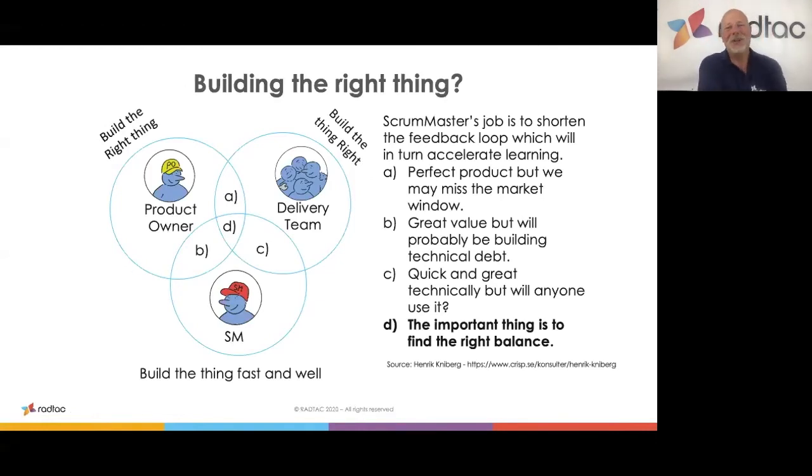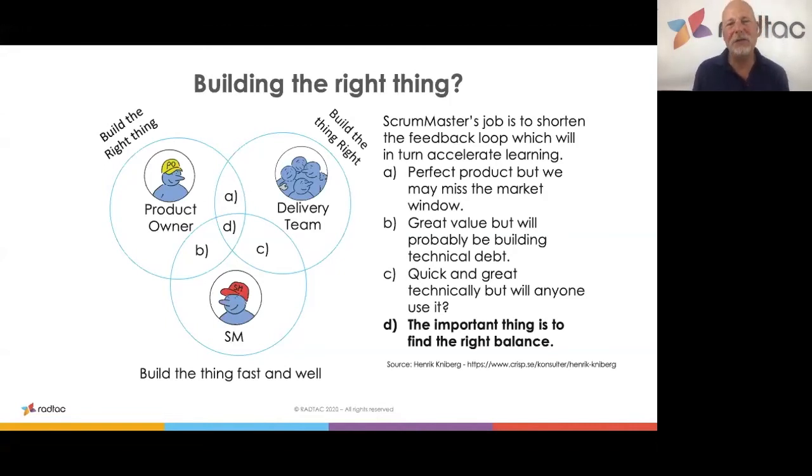So at the end of the day, there's three main roles in Scrum: Scrum Master, Product Owner, Development Team. So broadly, what do these roles do? Well, the Product Owner is about building the right thing. So as the name suggests, Product Owner, the person who owns the product. So they're about building the right thing and building the thing in the right order. Delivery Team, they're about building the thing right.